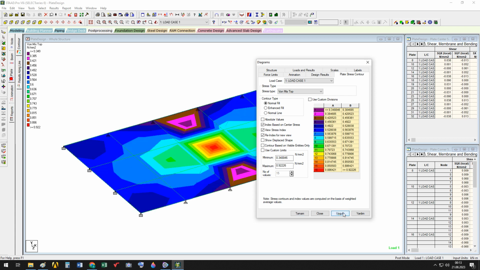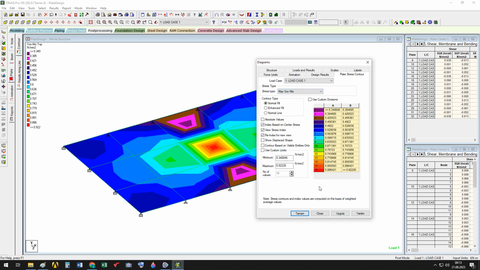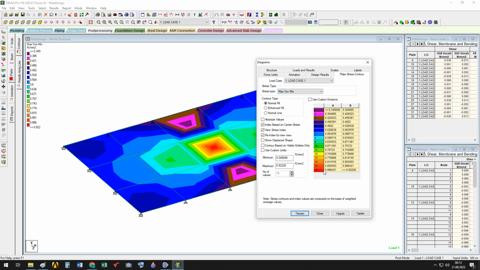And generally, what is done in engineering offices is to check the von Mises stress, which is a function of all other stresses, and compare it with the yield stress or yield strength of the plate material. Here it has a very low value. Top and bottom I check, and the maximum value of von Mises stress. The value of von Mises stress is always positive.